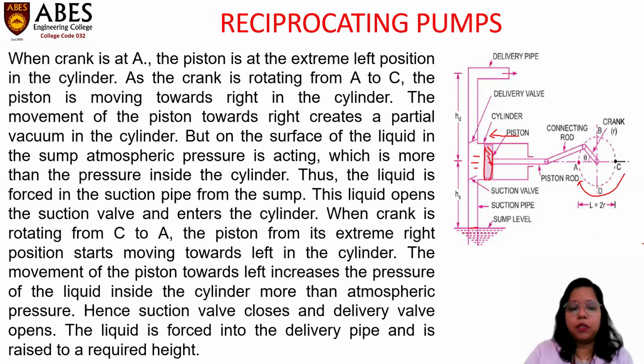The movement of the piston towards the left increases the pressure of the liquid in the cylinder, and that is more than the atmospheric pressure. Hence, the suction valve closes and the delivery valve opens, and it allows the water to flow to the higher level. Then this liquid is forced into the delivery pipe and is raised to a required height.